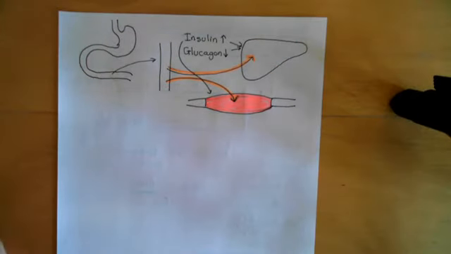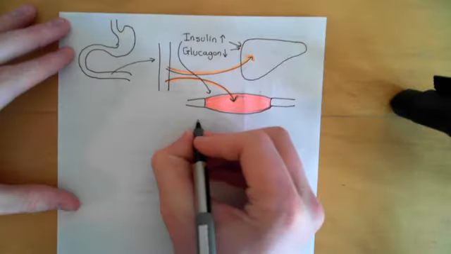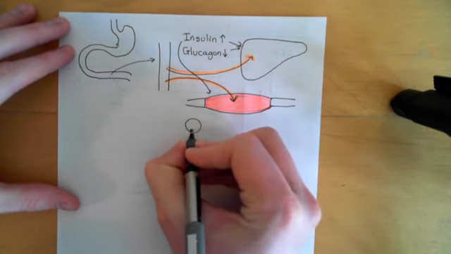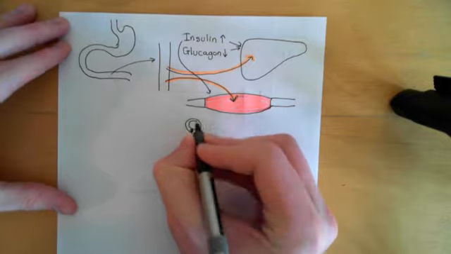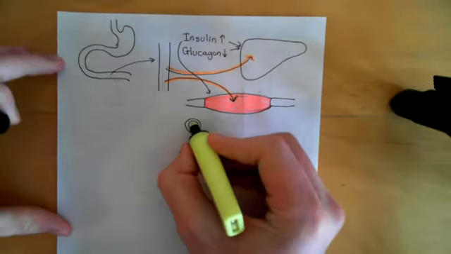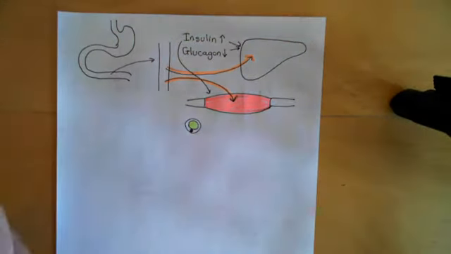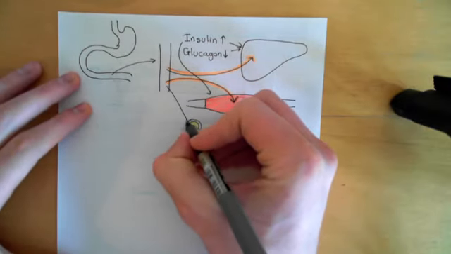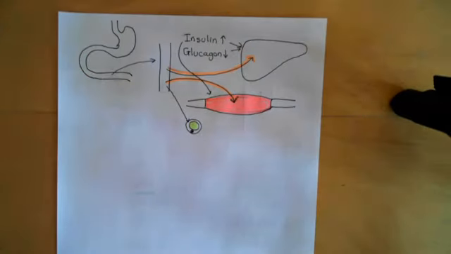Finally, insulin also works on adipocytes, fat cells. So here is our fat cell with a massive great store of fat in the middle there. This is an adipocyte. And insulin being high causes the adipocytes to take glucose out of the blood and then convert it into fat molecules.